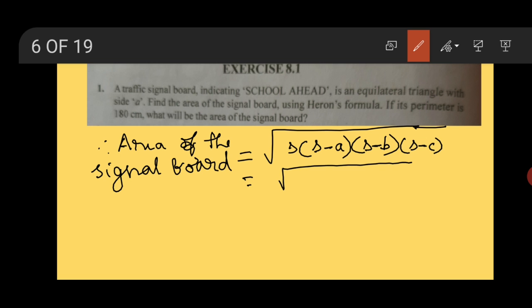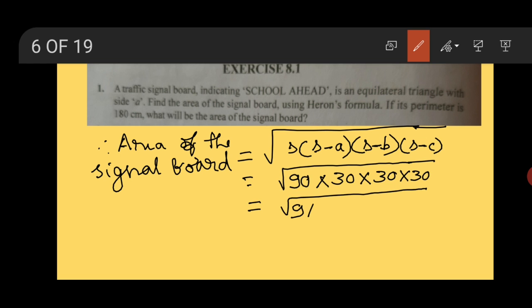S is the semi-perimeter, 90, into S minus A which we calculated already, 30, again into 30, again into 30. Now here I will write it this way: 9 into 3 into 3 into 3, and all the zeros put together, you will get 4 zeros.